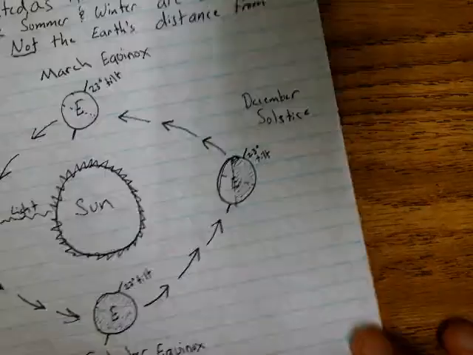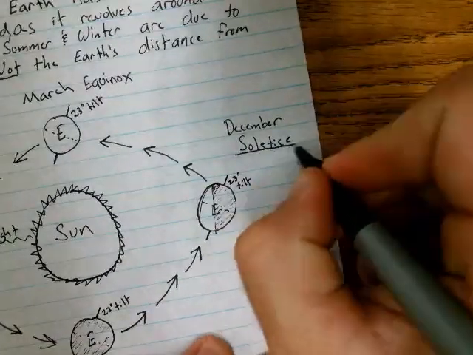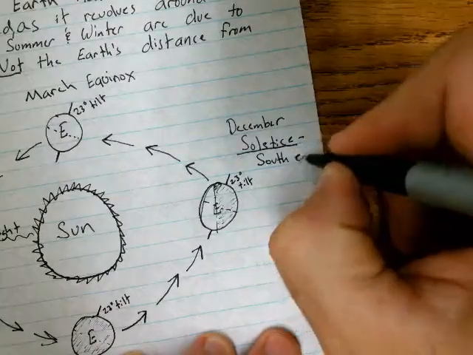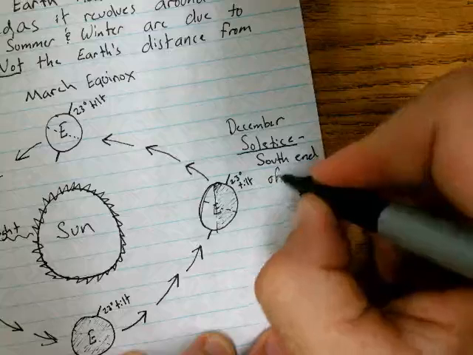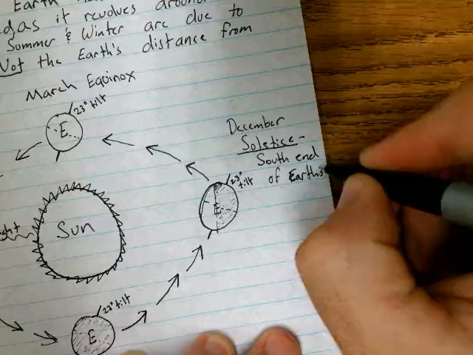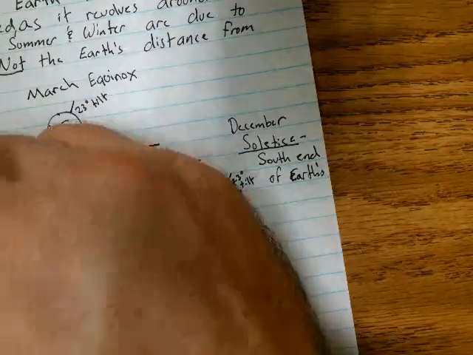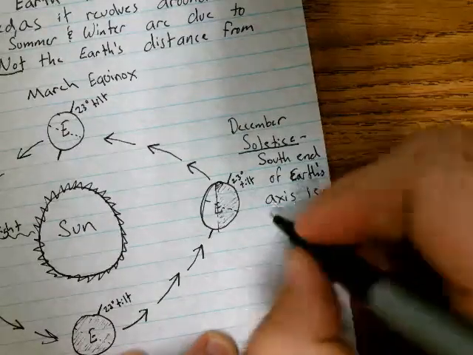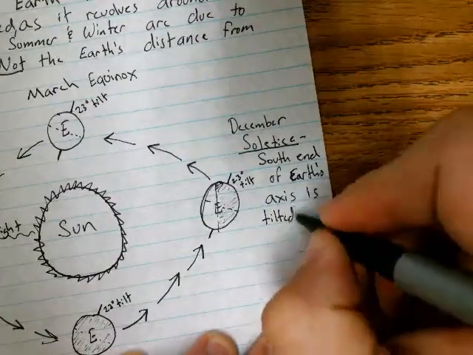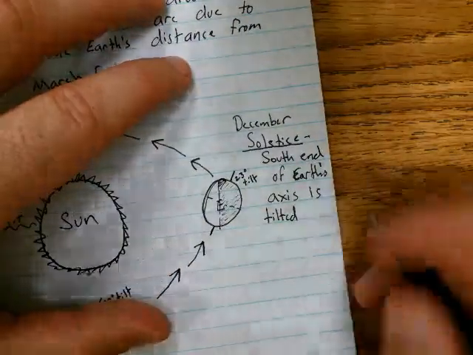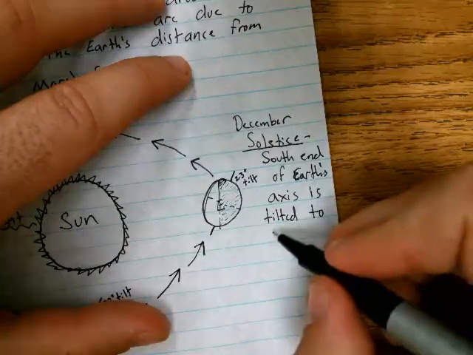Okay. December solstice, the south end of Earth, and Earth should be capitalized, axis is tilted to sun. Same thing.